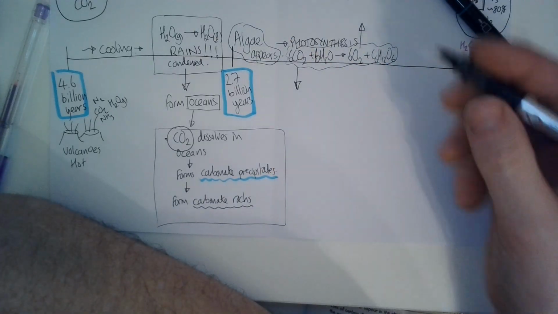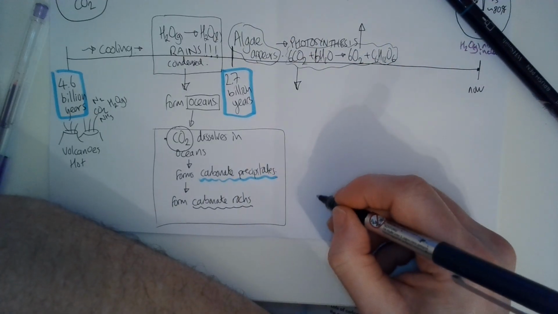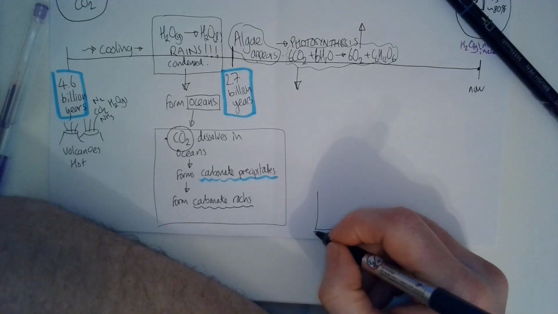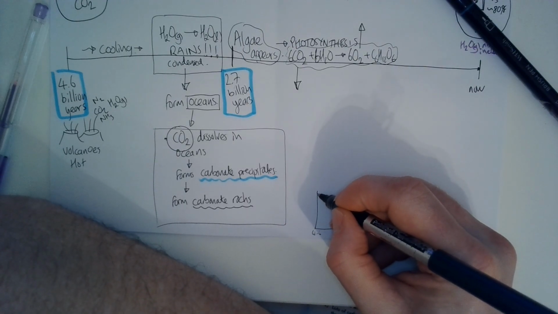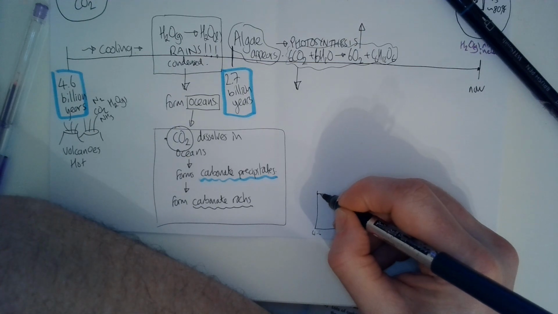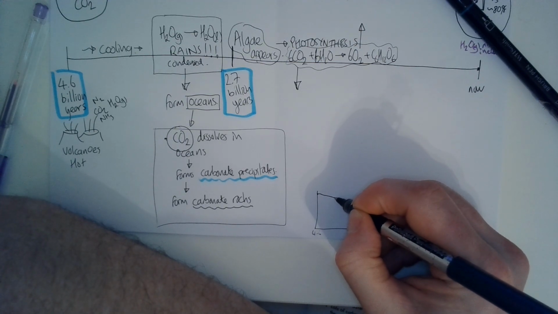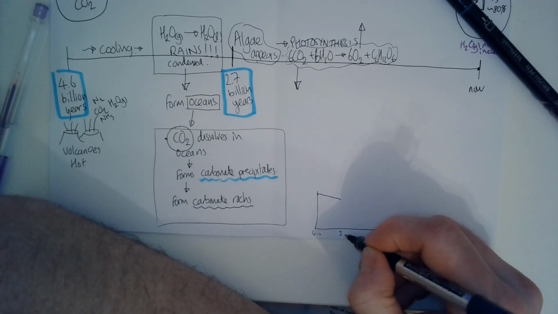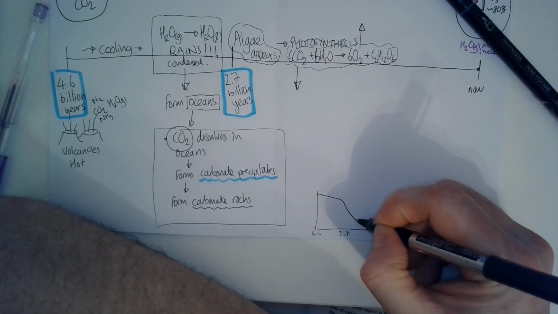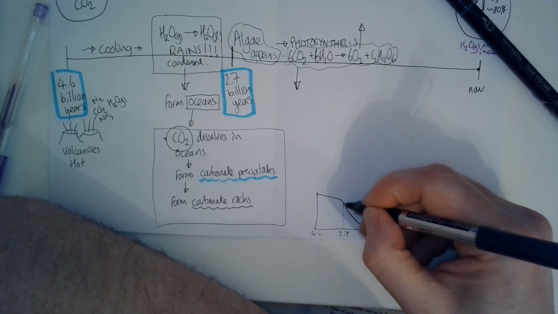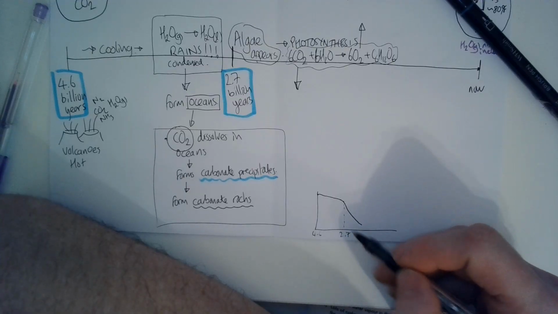So that could quite simply be shown on a graph. Now, this isn't part of the notes, but if you had a graph that was 4.6 billion years old, you would see that the atmosphere is mainly carbon dioxide. It starts to drop a bit when the oceans form, and then at 2.7 billion years, carbon dioxide levels drop quite sharply. And an examiner could ask you, what happens at 2.7 billion years?